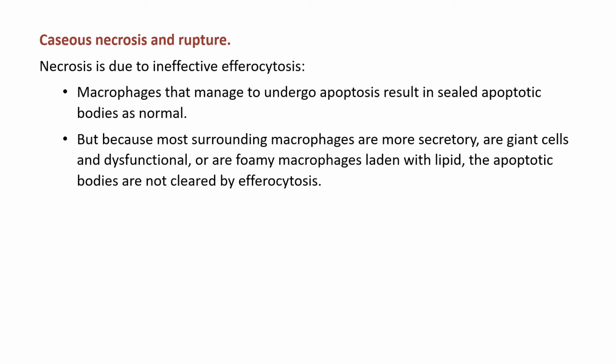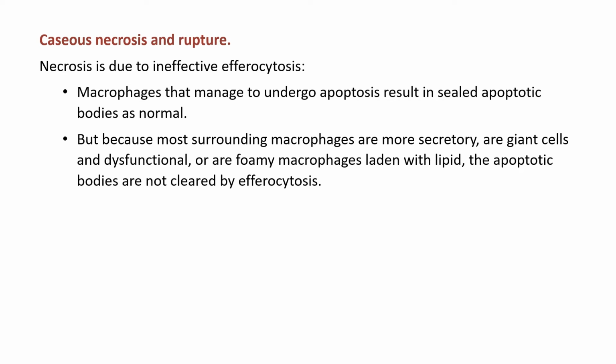So we end up with this caseous necrosis, and again, there's a lot of similarities here with atherosclerosis, because we're going to get this necrotic center, this necrotic core. The necrosis, again, is going to be due to ineffective efferocytosis.